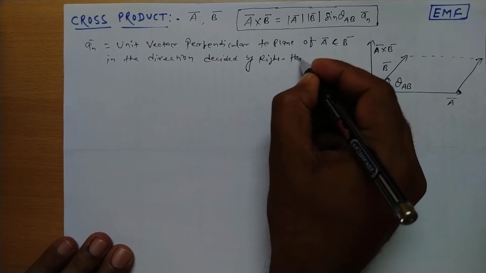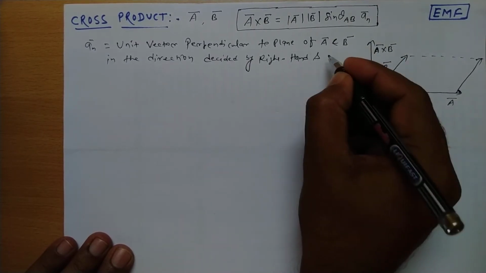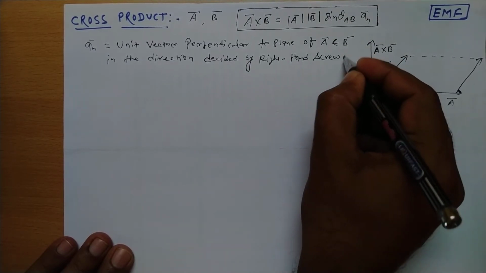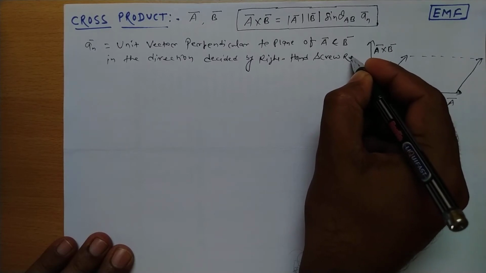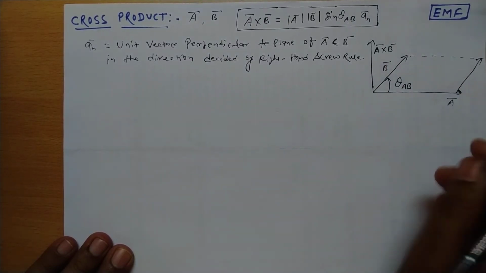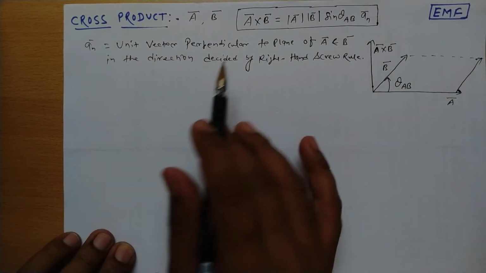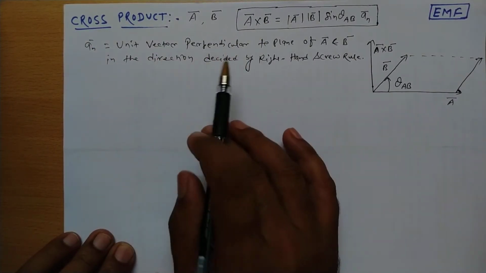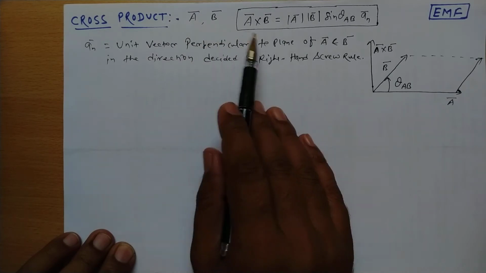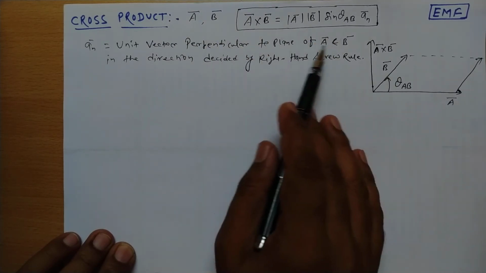Right hand screw rule means that an is the unit vector, as we know, and it is perpendicular to the plane which is spanned by this vector A and B.